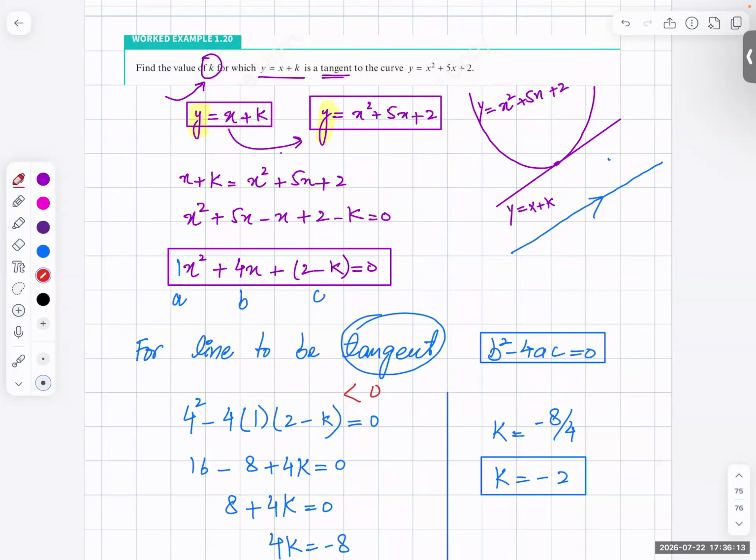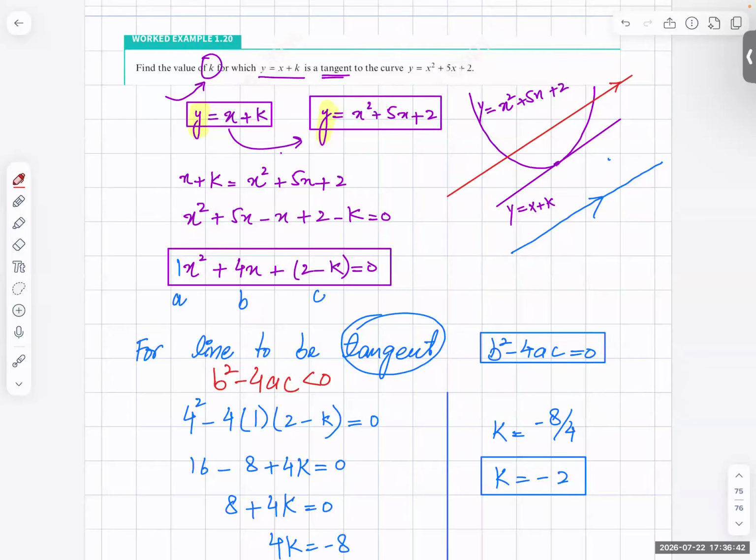We simply put b square minus 4ac less than 0. If they want us to find the value of k for which this line does not touch the curve, that would be less than 0. Ahmed, is it clear? Yes, sir.